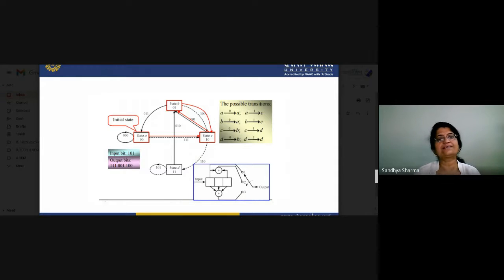In our next lectures, we will see the enhanced version of this state transition diagram, and that is the trellis diagram. And with respect to the trellis diagram, we will also focus on the tree. So that is basically encoding. If we are talking about convolution encoding, it is basically divided into three parts: state transition diagram, tree code, and third one is the trellis diagram.